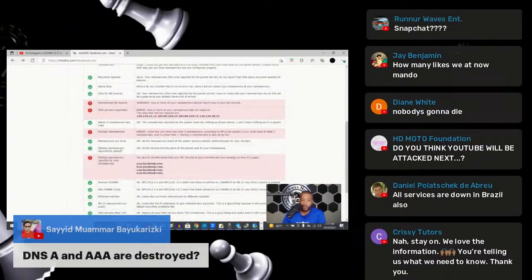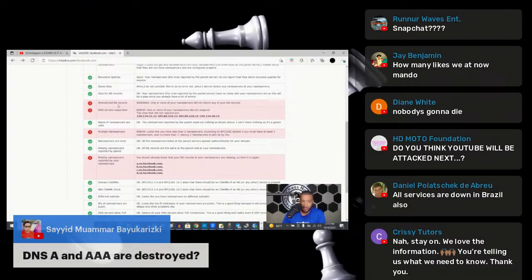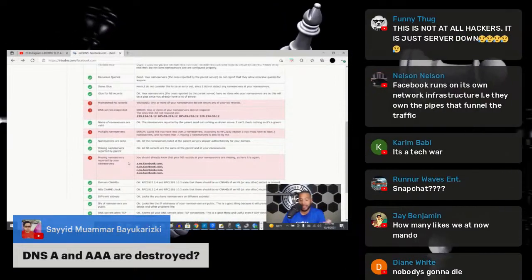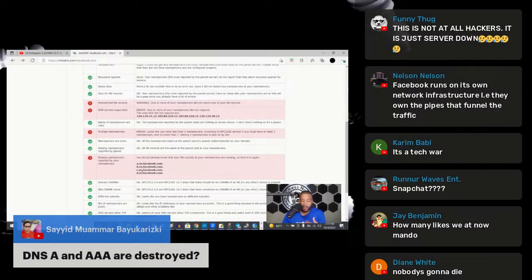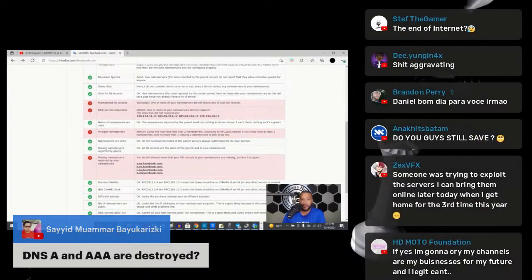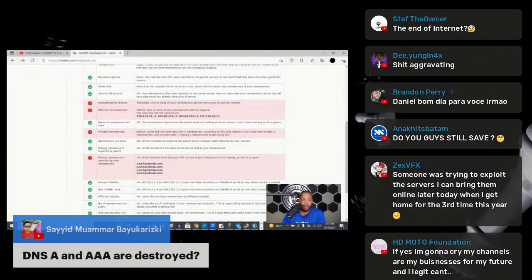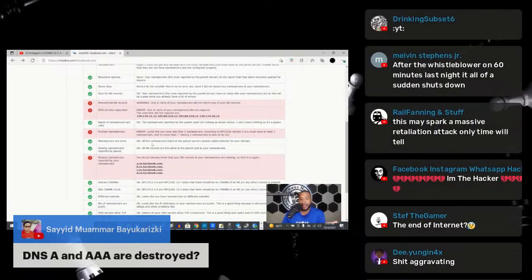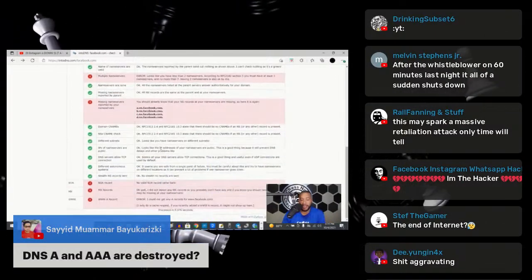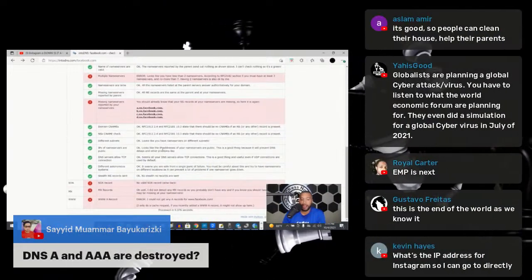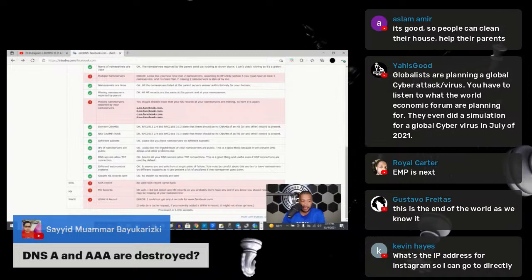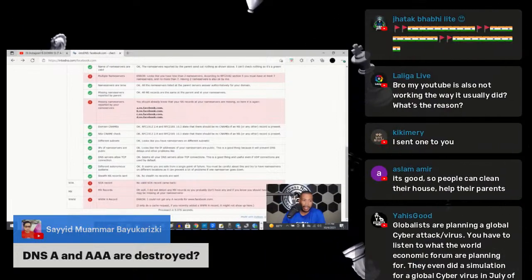So without these things working, multiple DNS servers, mismatched NS records, your computer or your internet service provider doesn't know where to go. So they can't connect anything to the internet. It seems like these companies don't even exist, right? That's what it seems like.